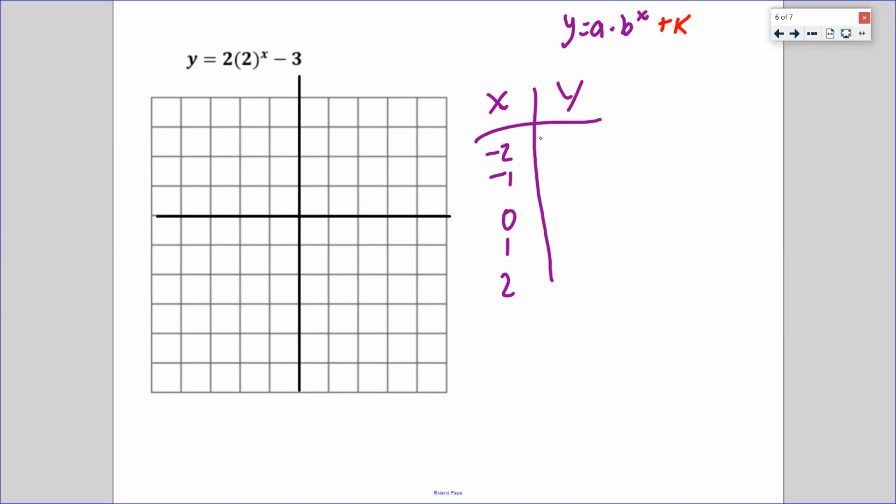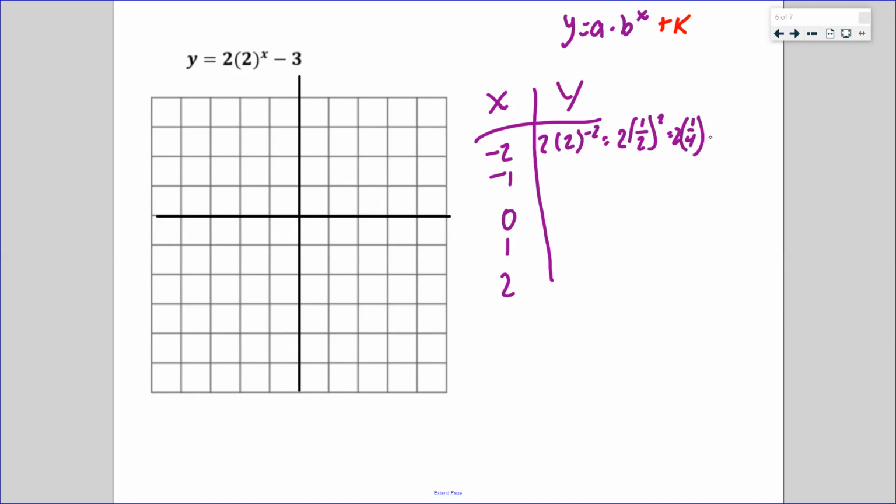So for our sake, 2 times 2 to the -2nd. And then we'll do -3, which will move everything down 3 and have our asymptote be y equals -3 in just a second. But let's go ahead and finish this first. That's 2 times 1/2. Remember, it flips the fraction, squared. Or 2 times 1/4.